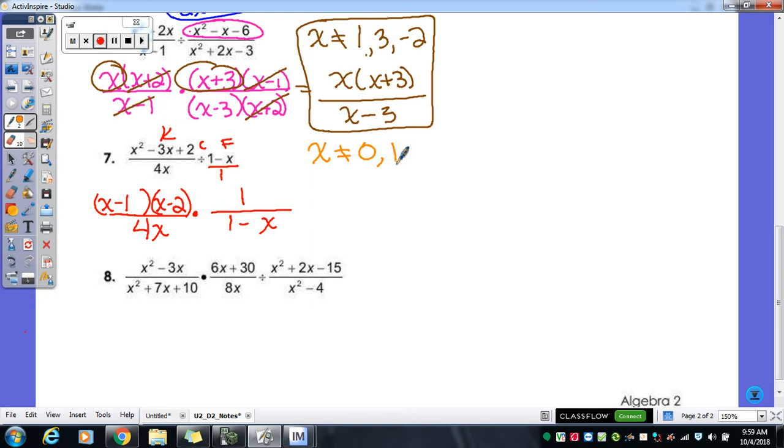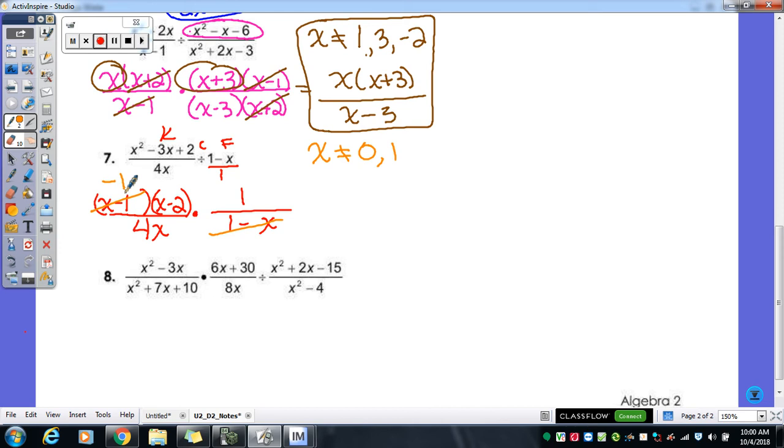So can we cancel anything? The x minus 1 with the 1 minus x, but because they're opposites and they're subtraction, what does it turn into? Negative 1. Now you could put the negative 1 in the bottom, but I just have the habit of putting it in the top. It's not wrong if you put it in the bottom, but I find it's easier if you just have a pattern, you keep putting it in the same place.